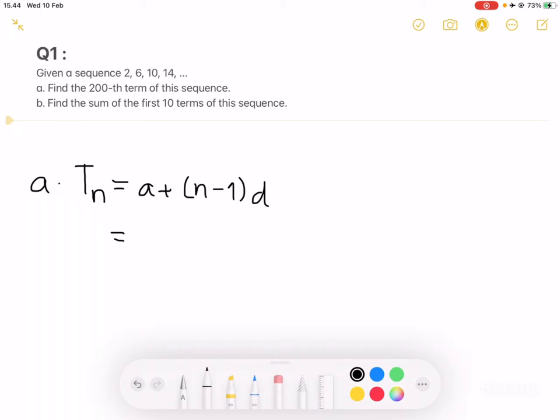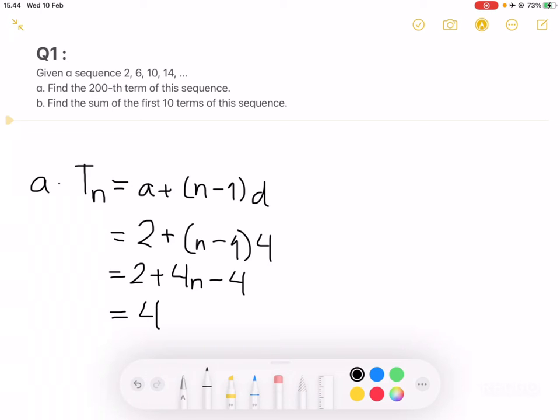And in this case a is 2, that is the first term, plus n minus 1, and before, d is 4. We can expand this brackets, so we have 2 plus n times 4, which is 4n, and 4 times negative 1 is negative 4. And then we can just simplify this to get 4n minus 2.